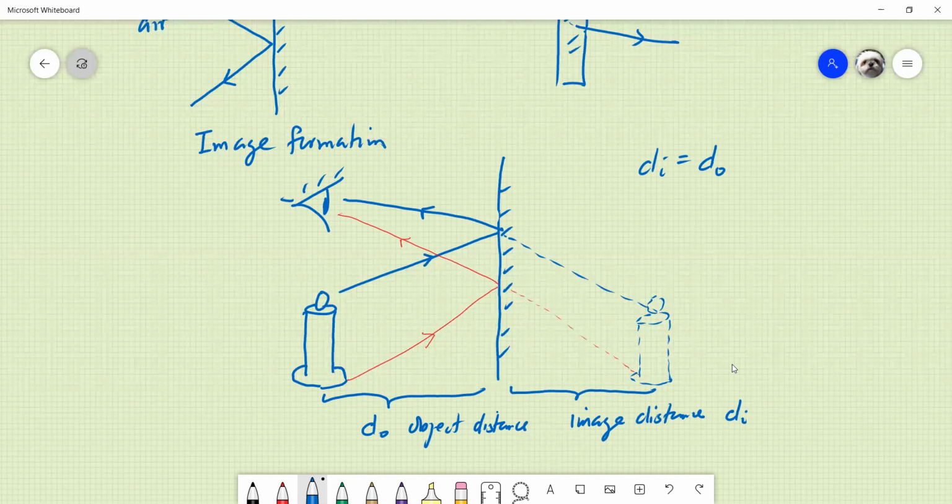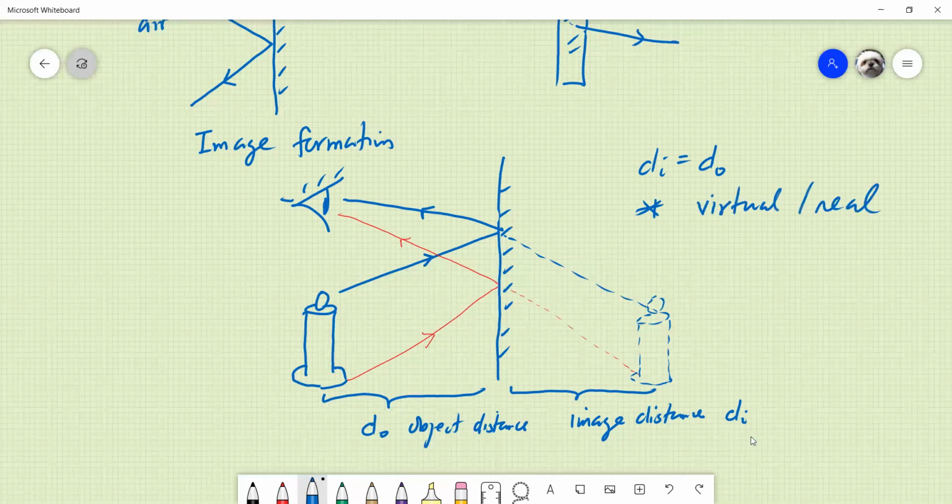Now, one thing about this plane mirror: when we try to locate the image, we always say 3 things about the image, the characteristics of the image. The first thing is whether the image is virtual or real.